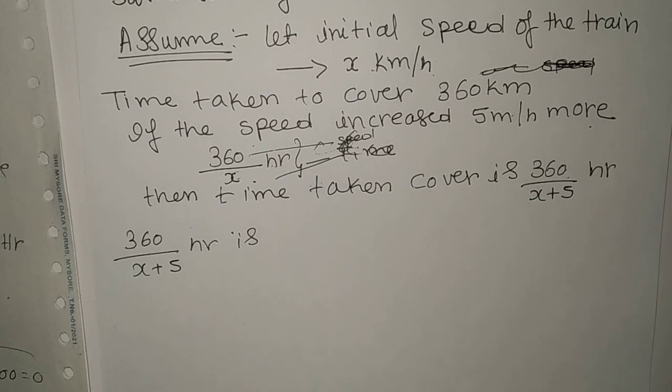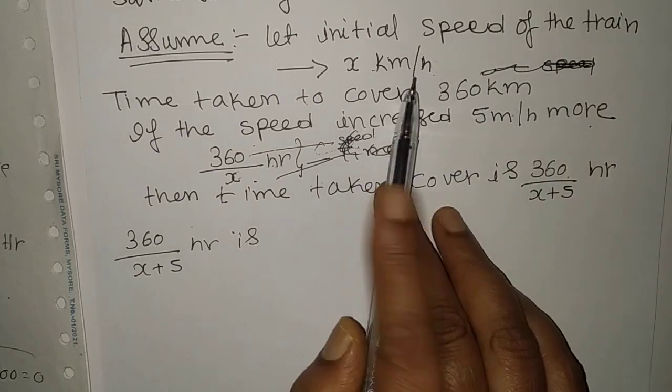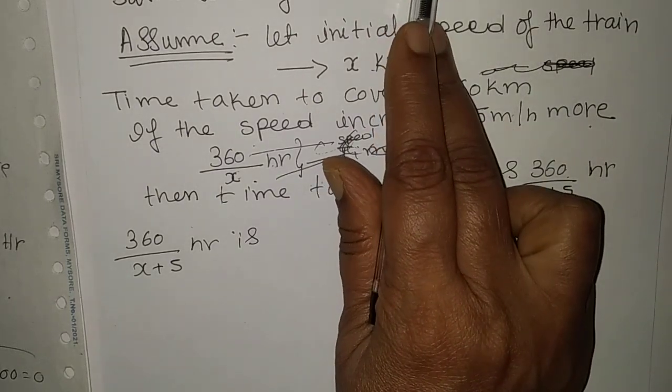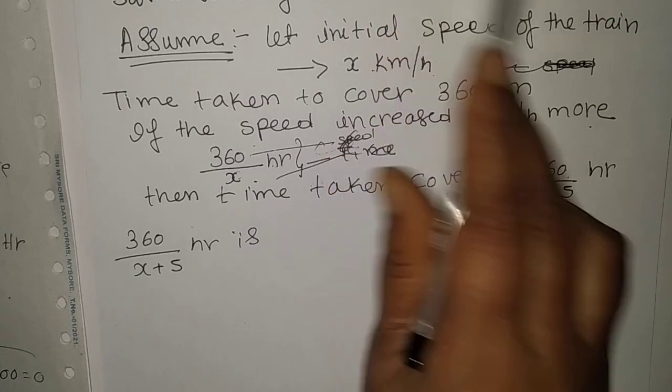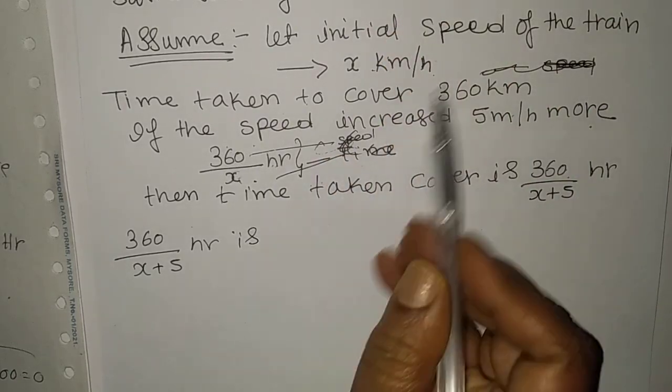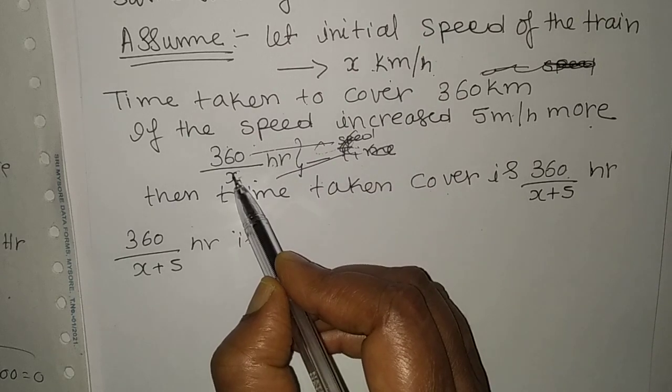So don't get confused: the distance is 360, and distance by x is the time.